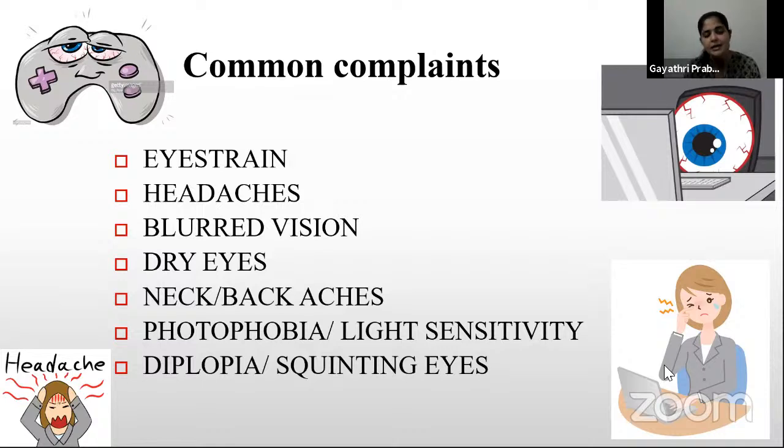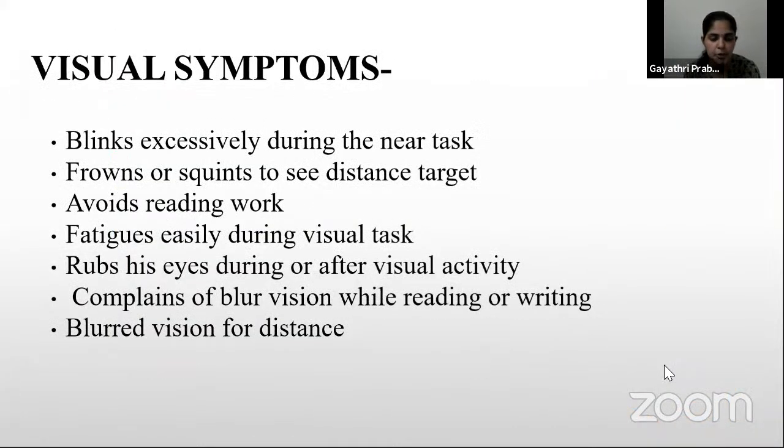Now, based on the complaints, we can divide these problems into various parts. First, we'll look at the visual symptoms. Here, the symptoms are basically because of blurred vision, so they are vision related. It will be either because of some blurriness in the vision or because of your vergence or accommodative system.